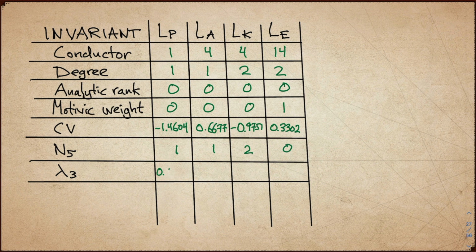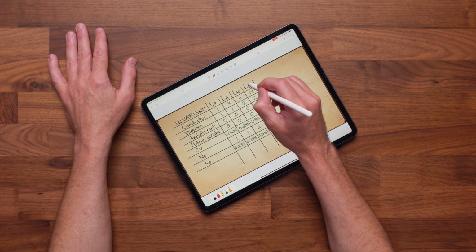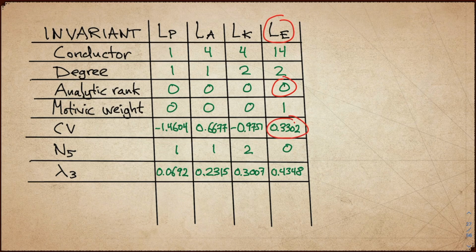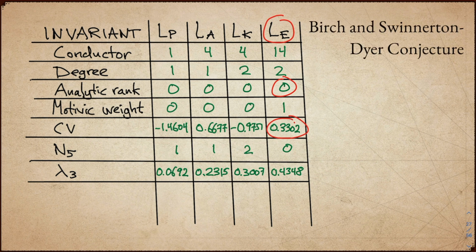Finally, lambda 3, that's 0.0692, 0.2315, 0.3007, that's the party trick computation, and 0.4348. For the elliptic curve, the analytic rank and the central value are connected to the Birch and Swinnerton-Dyer conjecture. We will come back to all of that next time.